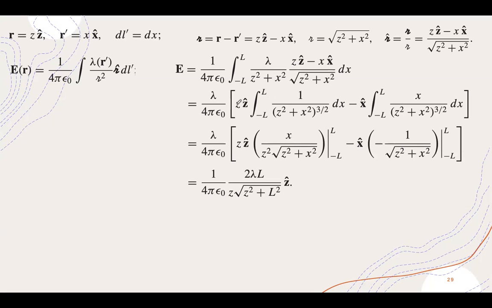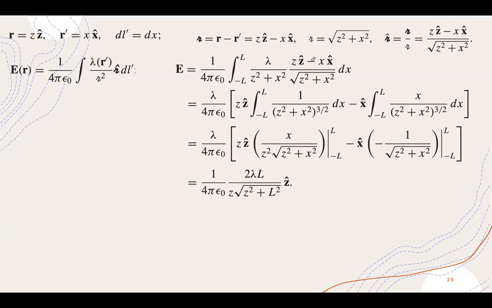So Z cap, because this is a constant, constant in a sense that we are integrating over X only. Okay, so integrate over minus L to L, and this is Z square plus X square times root of Z square plus X square. So we can have this to the power 3 over 2. You can combine and then integrate over dx.